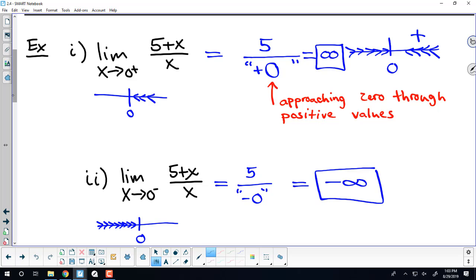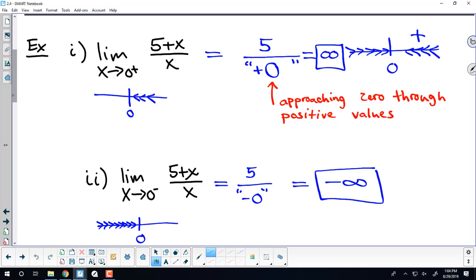For the example of (5 + x)/x, we asked what the numerator approaches as x approaches 0, and what the denominator approaches. The important aspect, the thing that gives us infinity as the result of that limit, is that the denominator is getting smaller and smaller while the numerator is fixed.